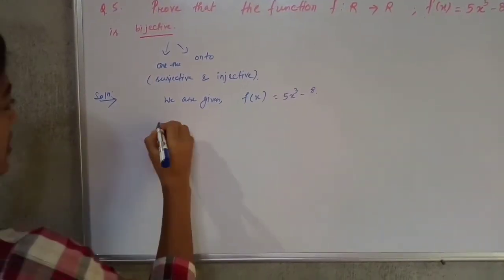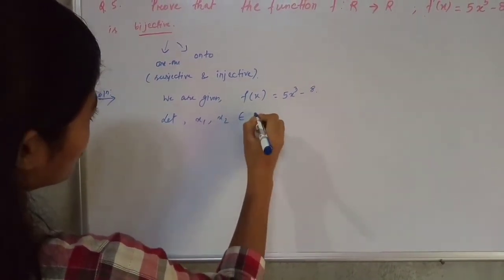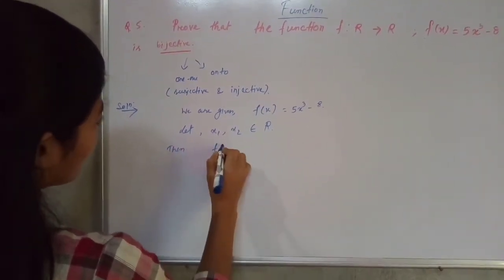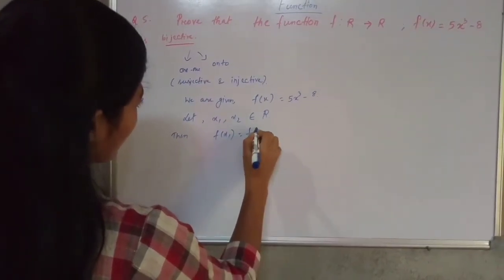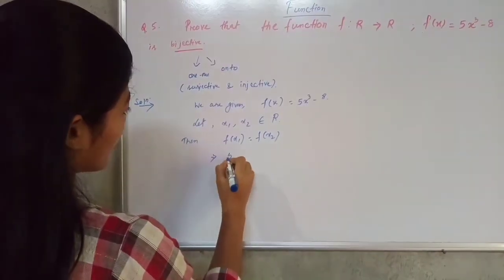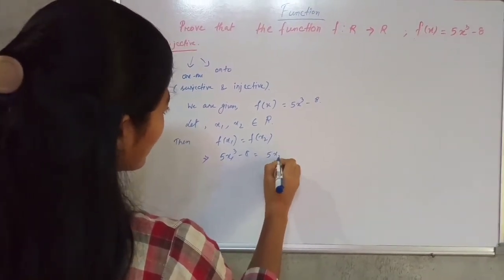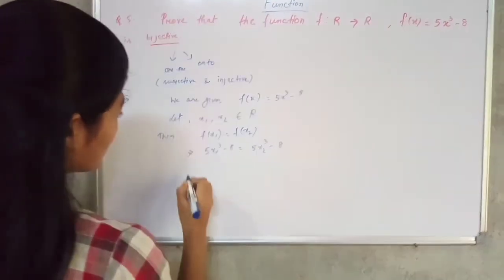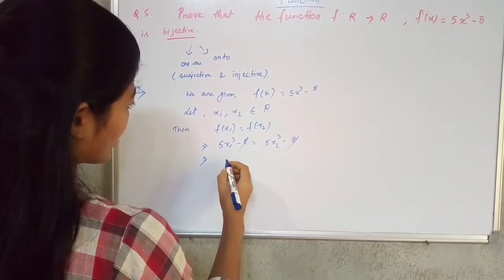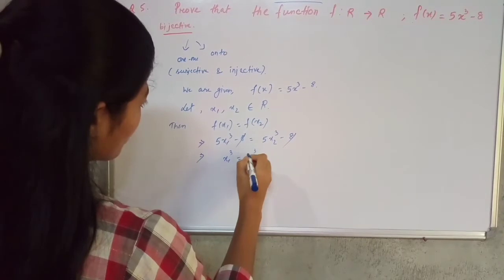To show one-one, let us take two elements, x1 and x2 belonging to the domain R. Then taking f of x1 equal f of x2, we will have 5x1 cube minus 8 equal 5x2 cube minus 8. Now cancelling on both sides, we finally get x1 cube equal x2 cube.